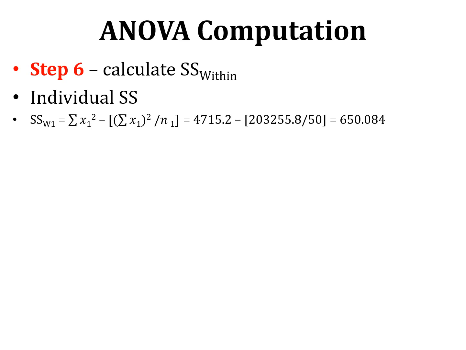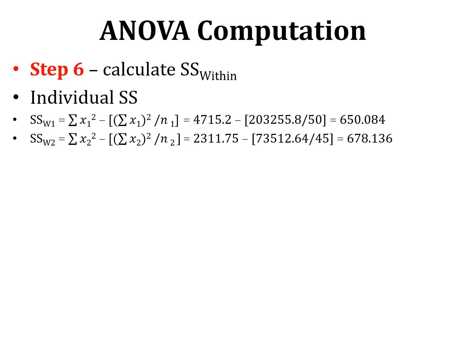So in this case we have the values 4715.2 minus 203,255.8 divided by the number of observations in sample number 1, which is 50, and the answer that we get is 650.084. So this is the sum of squares for sample number 1.